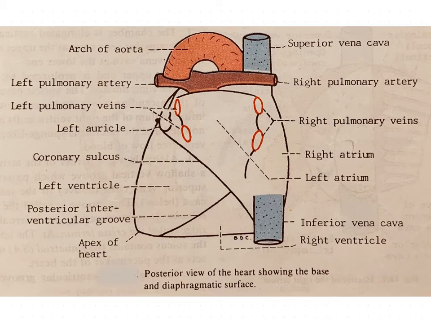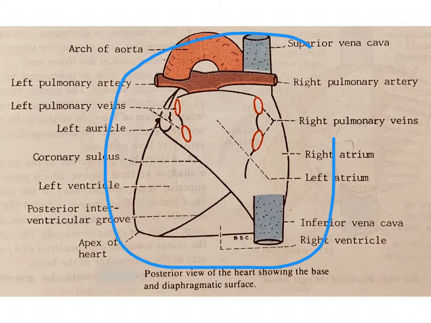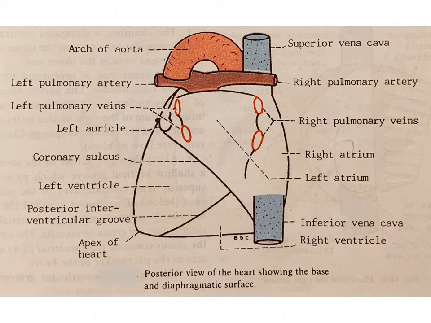we'll go back to the schematic representation of the heart on the posterior view, which is showing the base and the diaphragmatic surface. Yes, this is the posterior aspect of the heart and it is the schematic representation. So here you can see this part is the upper part, and this one is the atrium.